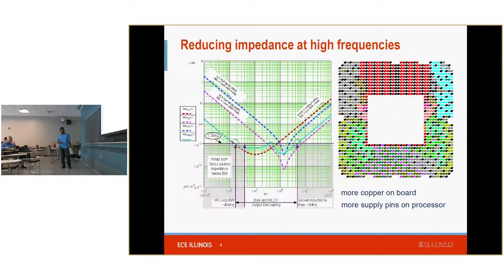So here's usually what the impedance of my output filtering stage looks like.